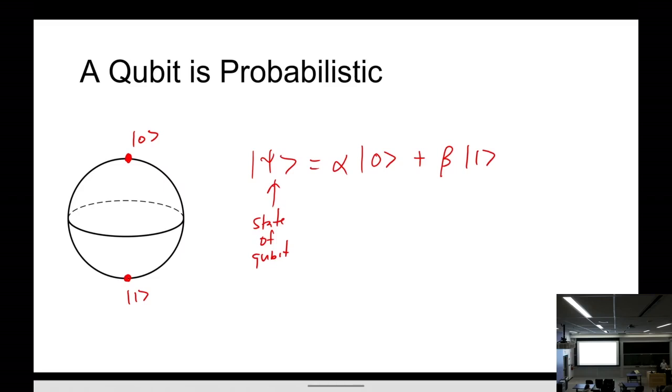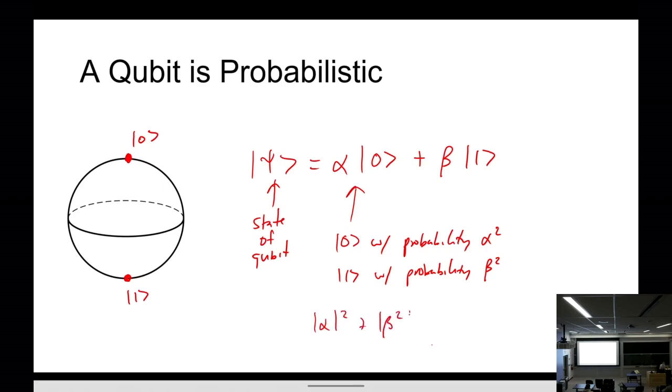When we measure it, we get either 0 with a probability alpha squared, or we get 1 with probability beta squared. And there's a normalization requirement. The probabilities have to sum to 1. So we do know that alpha squared plus beta squared is equal to 1.